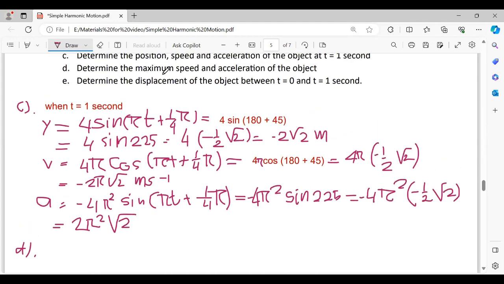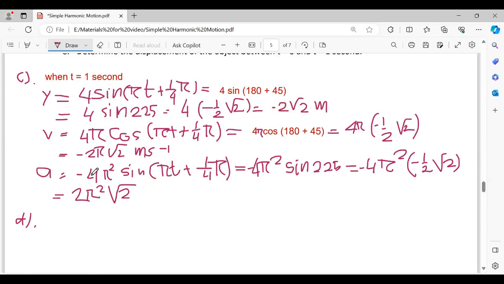And D, next. The question is: determine the maximum speed and acceleration of the object. The maximum speed we can calculate through this formula: maximum speed equals omega times A, which is 4 pi meters per second.